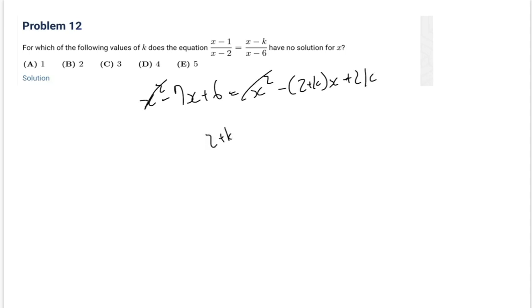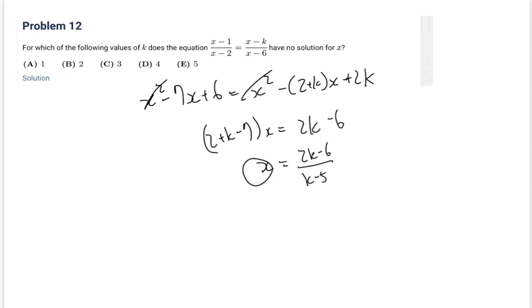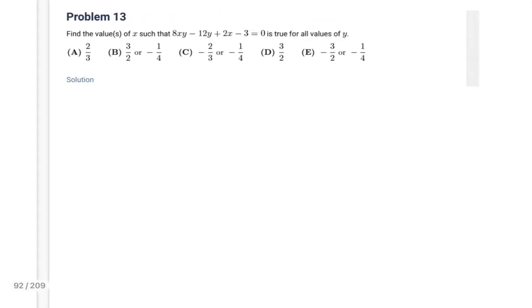So 2 plus k minus 7 x, this is 2k, this is a k by the way. And so this is 2k minus 6, so x would equal 2k minus 6 over k minus 5, and for x to have no solution, k must be 5, so it's E.